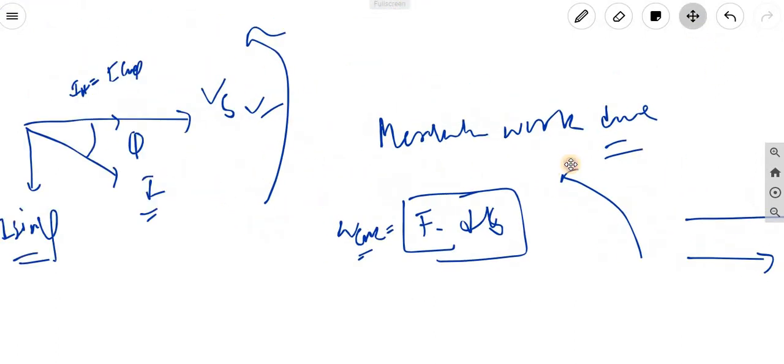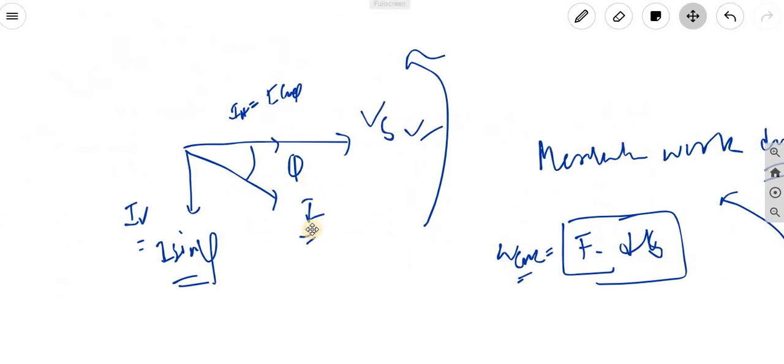In the same way, in the electrical circuit, the voltage is considered as a force, and the current is considered as a displacement.